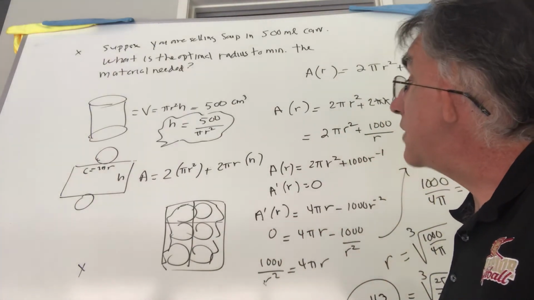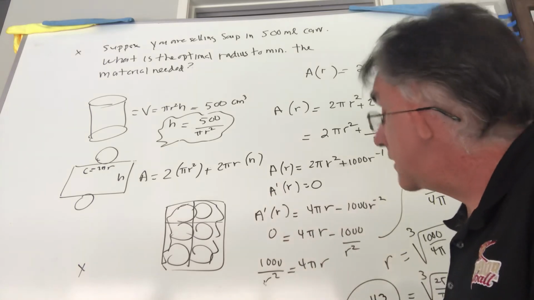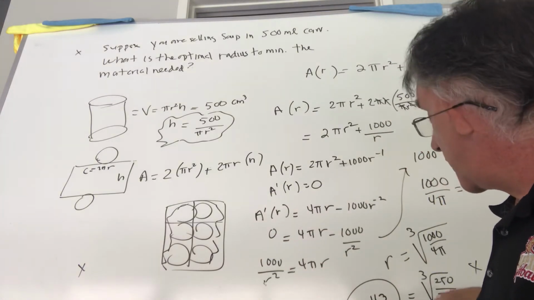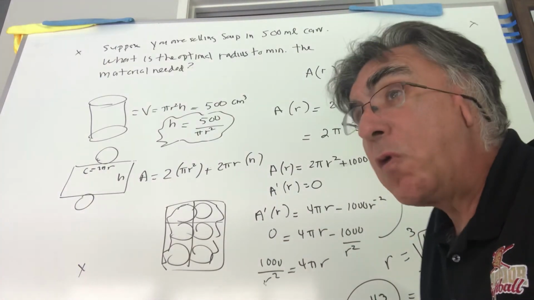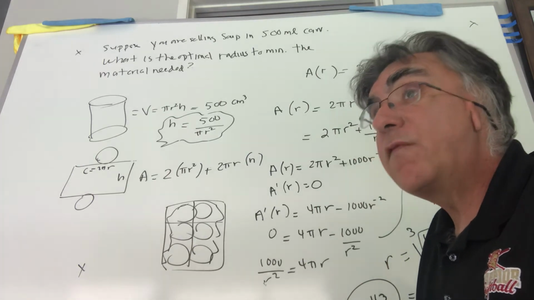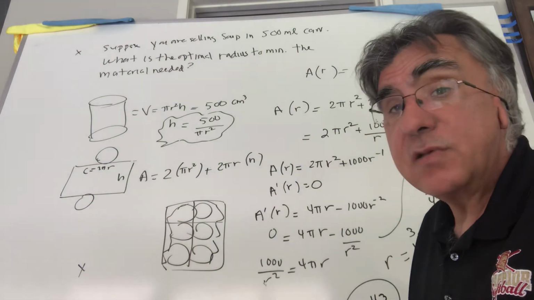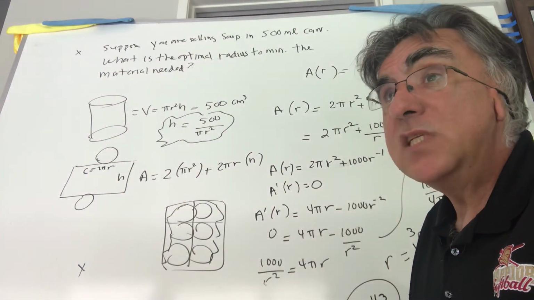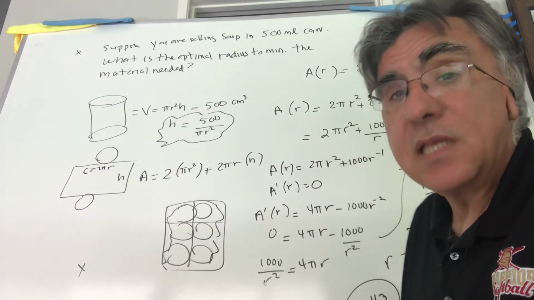But anyways, that's the basic idea here: you're figuring out when the derivative is zero. Just to oversimplify this idea, for all of my optimization questions, it will always be when the derivative is zero. It's not going to be at the endpoints.